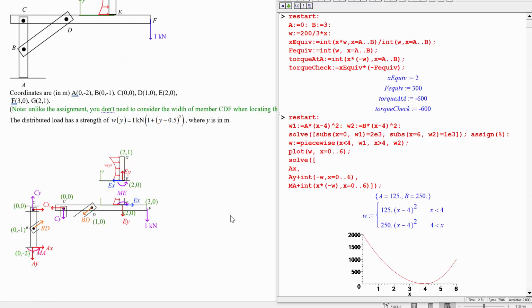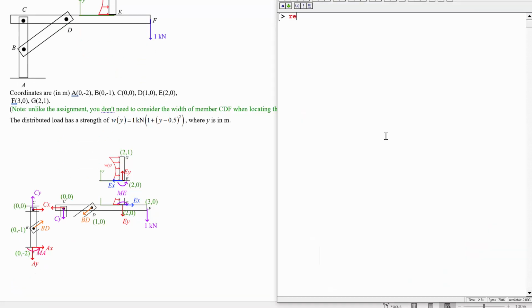So let's start writing them. We've got our Maple open here. We'll restart, and then we'll go one at a time: write out net force in X is 0, net force in Y is 0, and net torque about some convenient point is 0. So we can set these all up in an equation at the start. Let's go for the first frame over here, ABC.